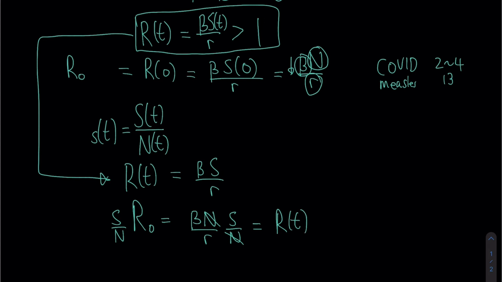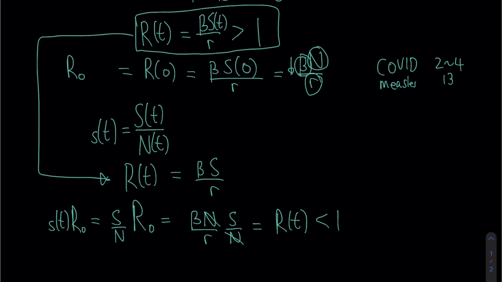So recall that we need this value to be greater than 1 for the disease to spread, which means that if we want to stop a disease from spreading, we want this value to be less than 1. So this is going to be small s of t times R0.